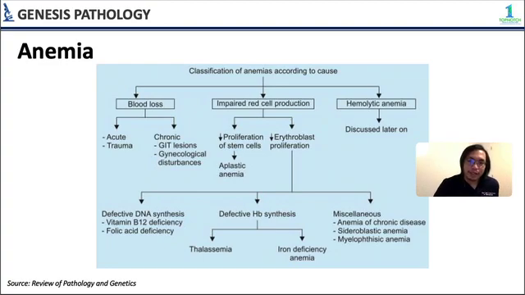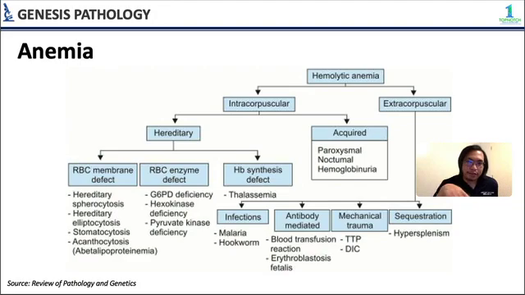Okay? In hemolytic anemias, no, we can classify them as intracorpuscular or extracorpuscular. Kapag intracorpuscular, the problem lies within the red blood cell. Kapag extracorpuscular, the problem lies outside the red blood cell. Okay? In intracorpuscular, acquired, isa lang yan, paroxysmal nocturnal hemoglobinuria. Okay, we discussed this earlier.